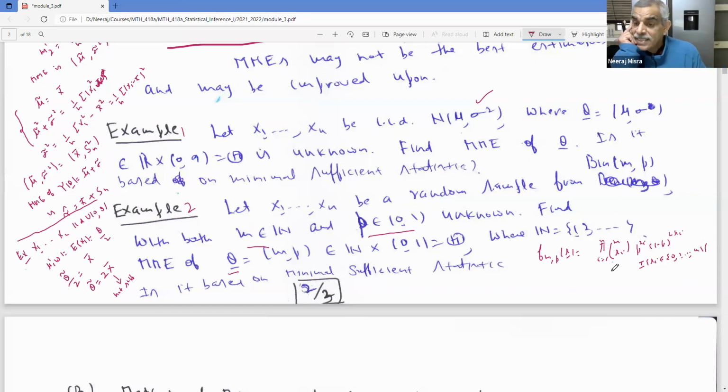So you can see that there is no way you can reduce this. What you can do at best is product i equals 1 to n.